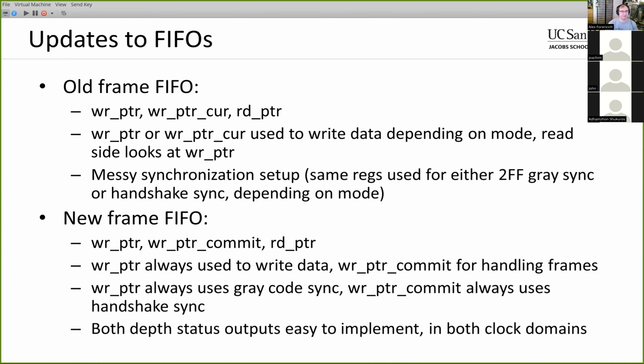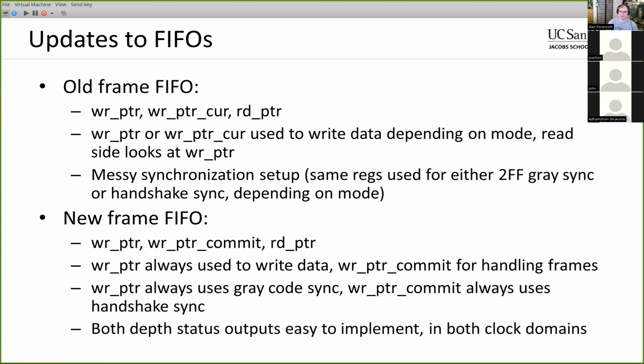Basically the way I wrote it is that either the write pointer or the current write pointer is used to actually write the data into the internal block RAM, depending on the mode. That makes things a little bit complicated because we've got two different synchronization techniques that have to be used depending on whether you're running in frame FIFO mode or regular mode. And just the way I put that together was kind of messy.